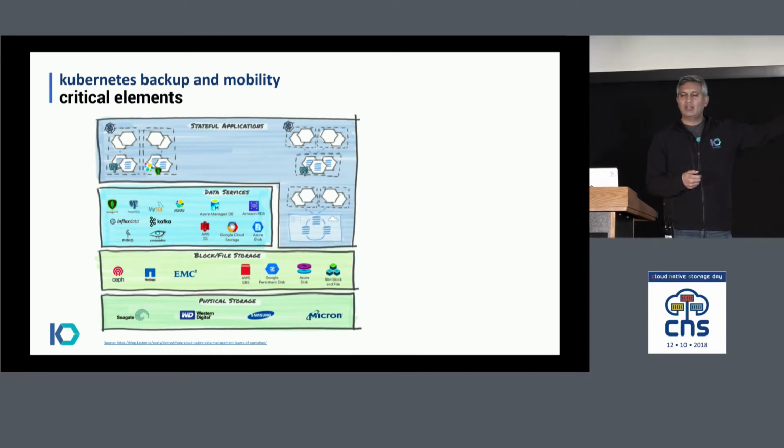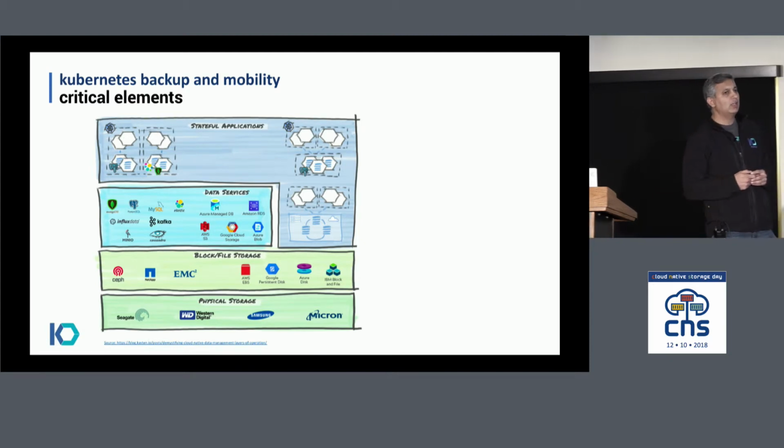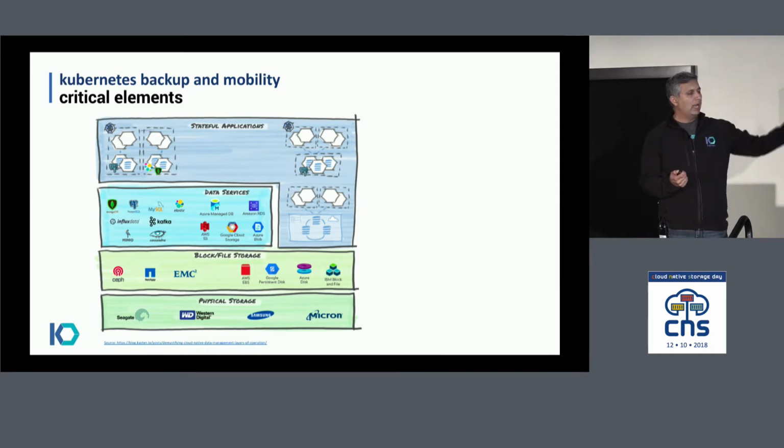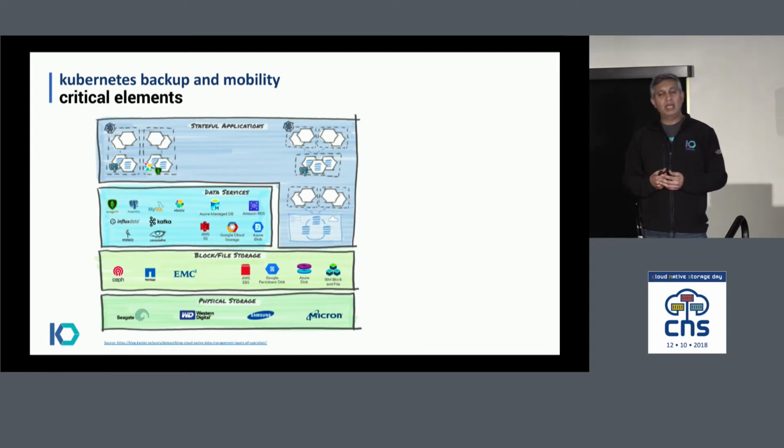But the stuff which is actually interesting is what I'm calling applications on top of it. There was a slide before which talked about how it's hard to think of an application which does not have state. And while there are many different patterns of talking about state, whether it lives in the same namespace or a different namespace, at the end of the day, each one of these applications is made up of multiple microservices.